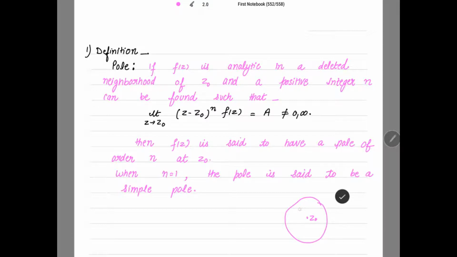So I will include all the points of this neighborhood except this point. This is not included in the deleted neighborhood of z0. Right? So all the points of the neighborhood of z0 except the point z0 itself form the deleted neighborhood of z0, right?